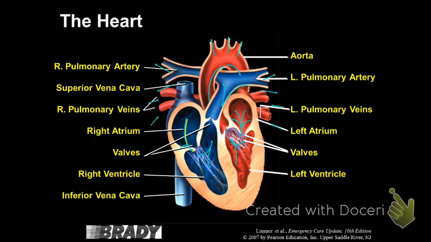But it pushes it through the tricuspid valve into the ventricle. Now the ventricles contract at the same time, and the ventricles contract in an upward squeezing motion. So if the heart's here, it squeezes the blood upward like this.